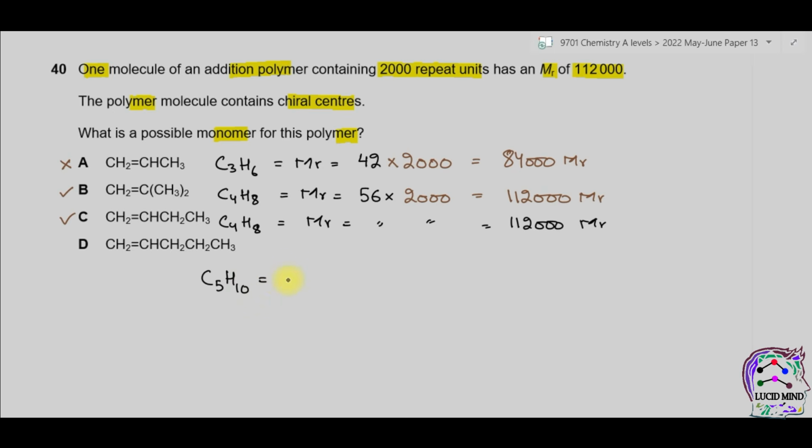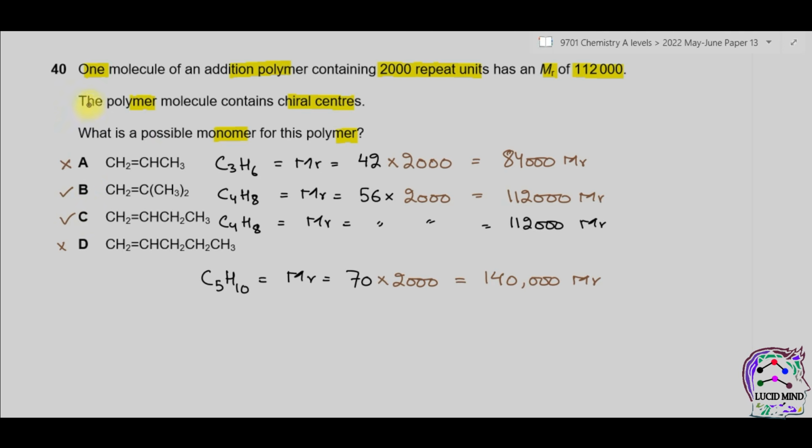So 12, 5 is 60 plus 10 is 70. Into 2000 units, so it is 140,000. So correct option could be any one of B or C.